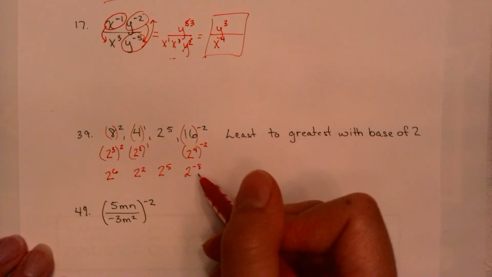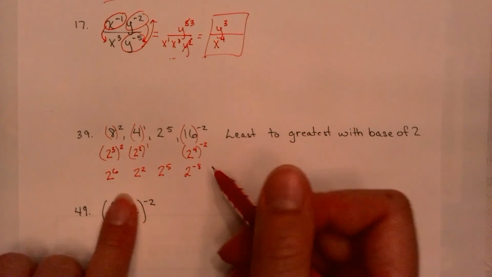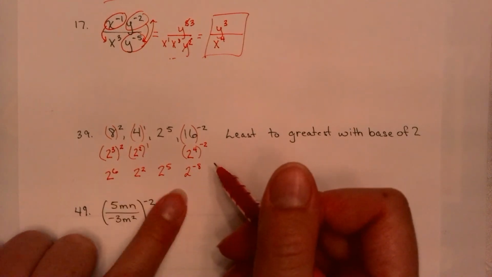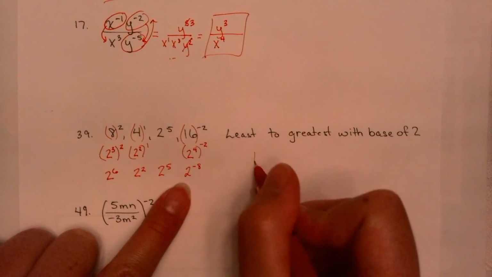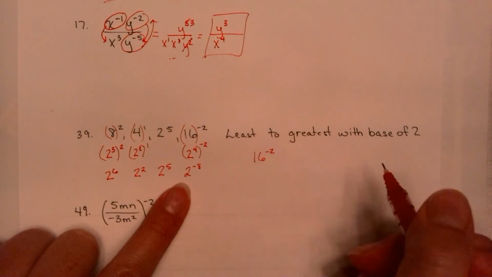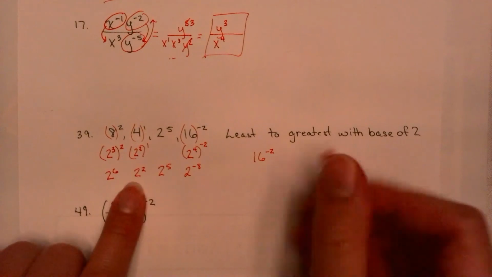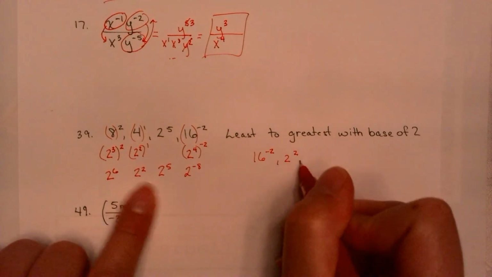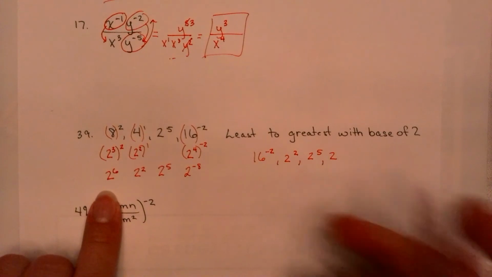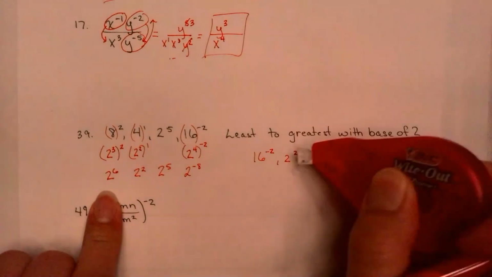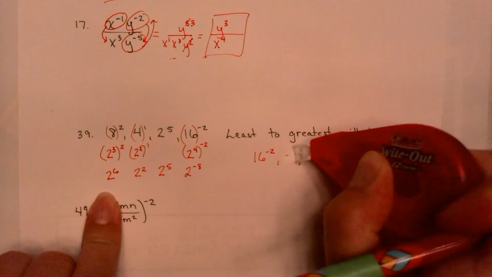Now, if I have to put them in order from least to greatest, I can really see now that a power of negative 8 is my smallest number, so 16 to the negative second is the smallest number. Then a power of 2, then a power of 5, and then a power of 6. Oh, I just did that wrong. Let me back that up. Try again.